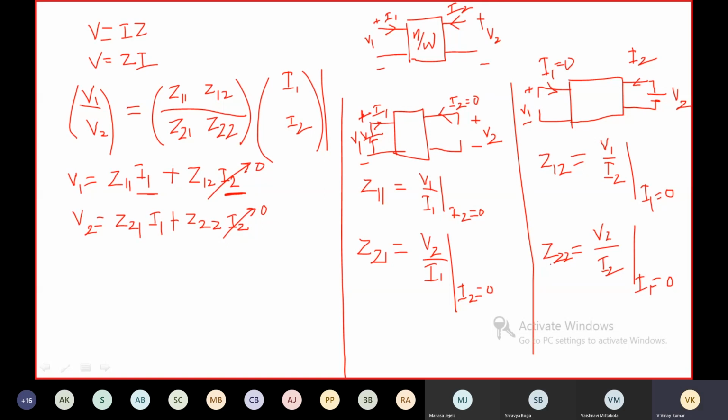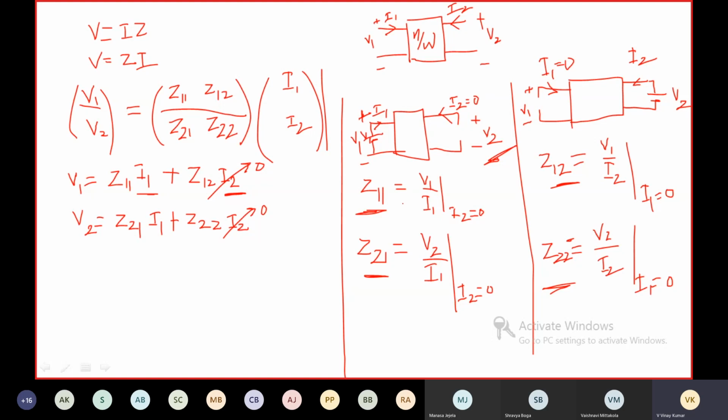So here, Z11 and Z21 can be obtained by open circuiting port 2, and Z12 and Z22 can be obtained by open circuiting port 1.